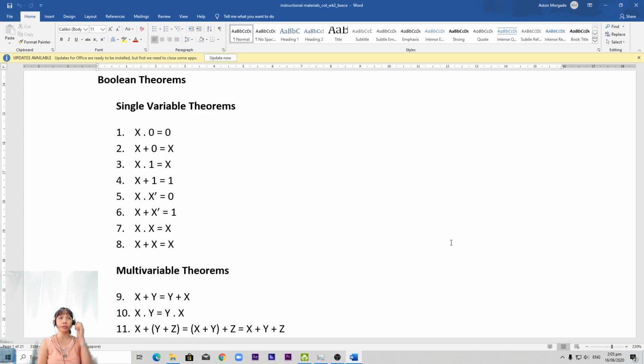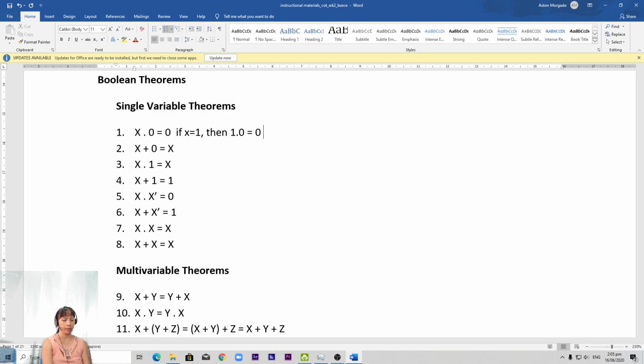So x times 0. When you say x, it means that it could be either 0 or 1. Okay, so x again can either be 0 or 1. So for example, x times 0 is equal to 0. Why? If x is equal to 1, then 1 times 0 is equal to 0.